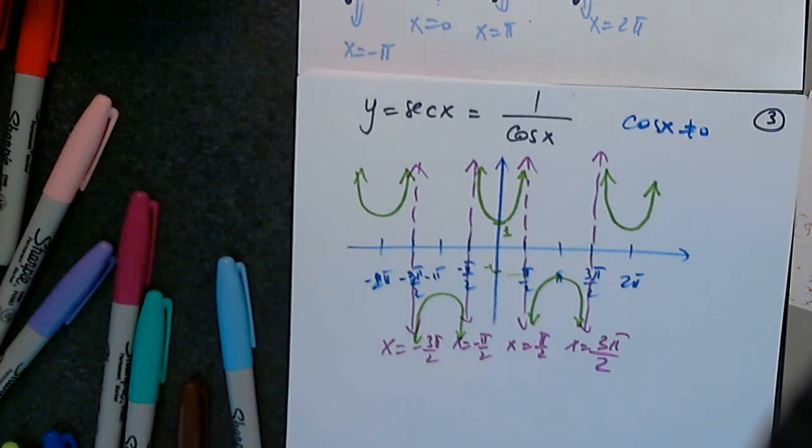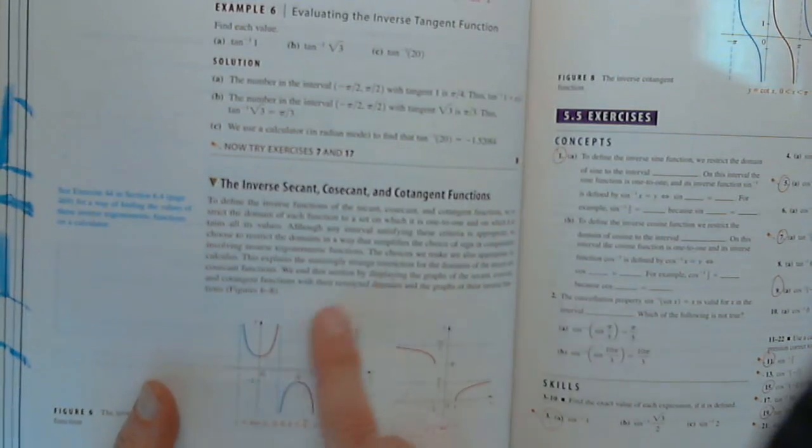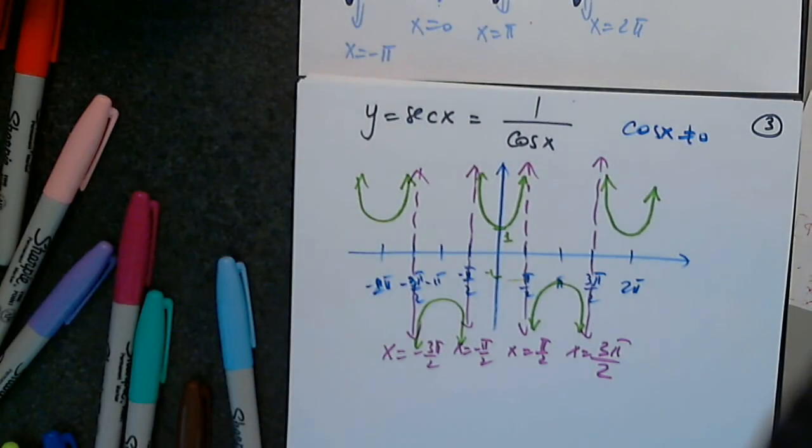So as you see, there is just a little blurb about the inverse functions for secant, cosecant, and cotangent in chapter 5, and the graphs of these you find on pages 403 and 404.